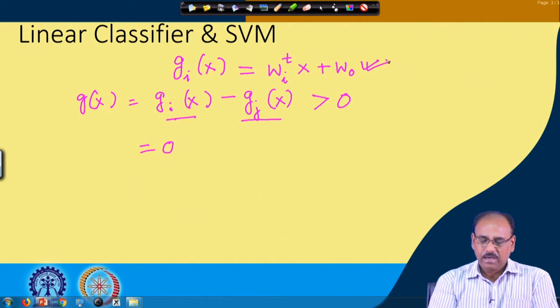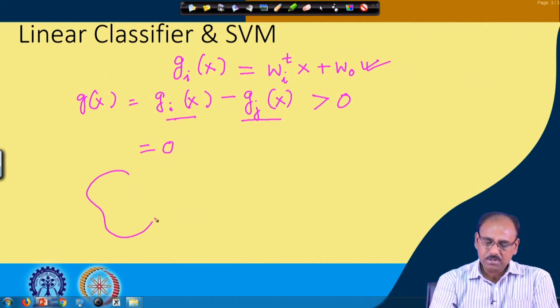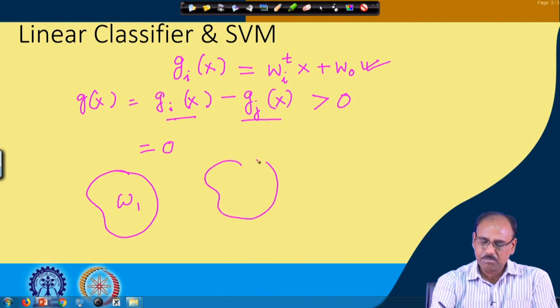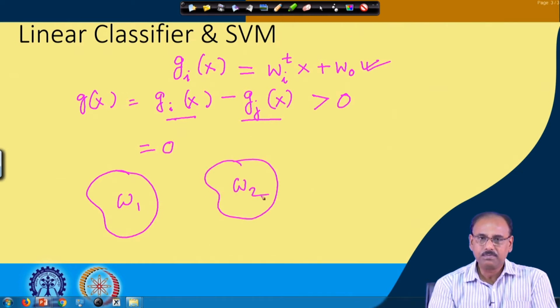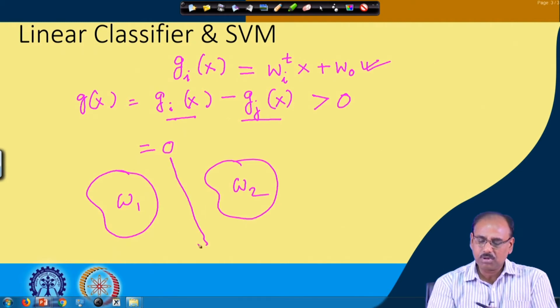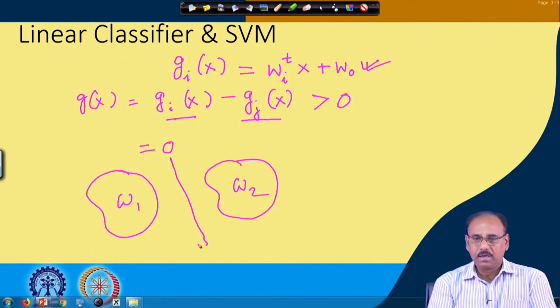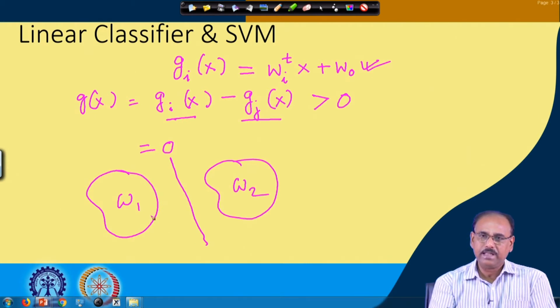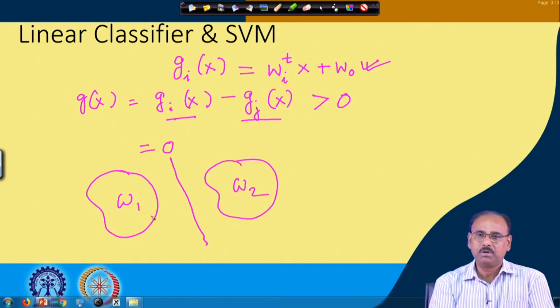So, given a set of samples belonging to class omega 1 and a set of samples belonging to class omega 2, the boundary between them becomes a linear one. When we talked about the linear classifier, we assumed that the boundary is linear, that means the samples belonging to class omega 1 and omega 2 are linearly separable.